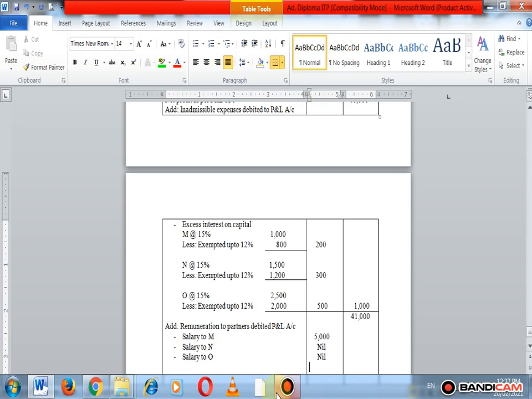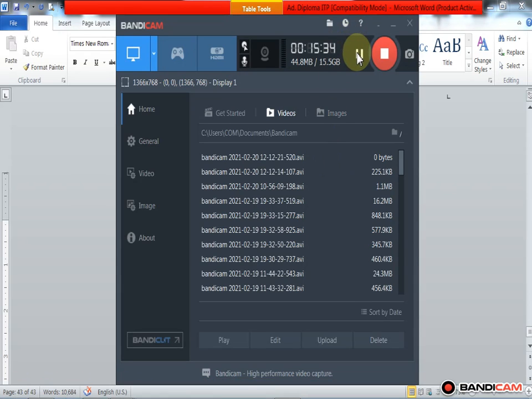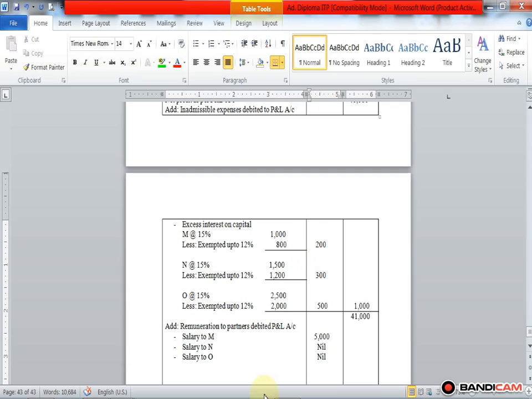Salary to O is not given, salary to N is not given. So then commission to M, so commission is not paid to M, nil.